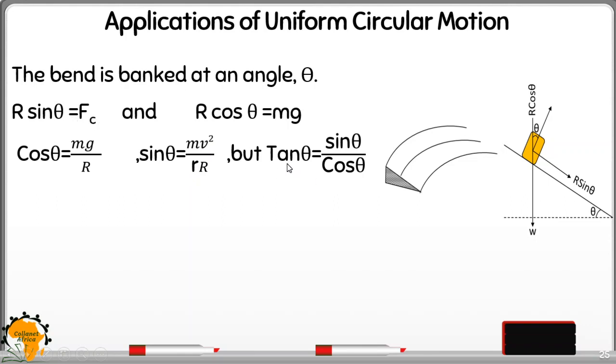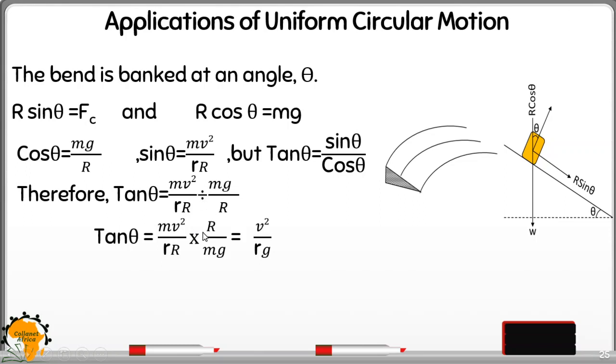But we know that tan theta is given by sine theta over cos theta. So if we divide these two terms, sine theta, which is mv squared over r capital R, divided by mg over capital R, we multiply by the reciprocal, and you'll find that the capital R, that is the reactions, will cancel out, and mass will also cancel out.